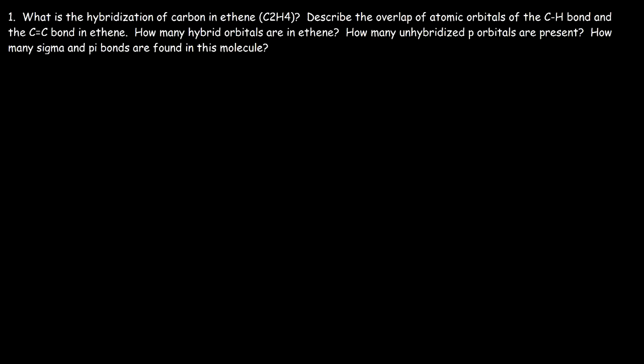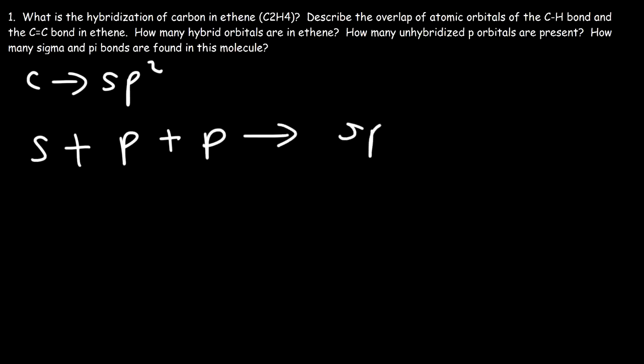Now what about the next question? How many hybrid orbitals are in ethene? Well, we said that each carbon atom is sp2 hybridized. To form that hybridization, we need to mix 1 s orbital and 2 p orbitals. When mixing 3 orbitals, you're going to get 3 hybrid orbitals.